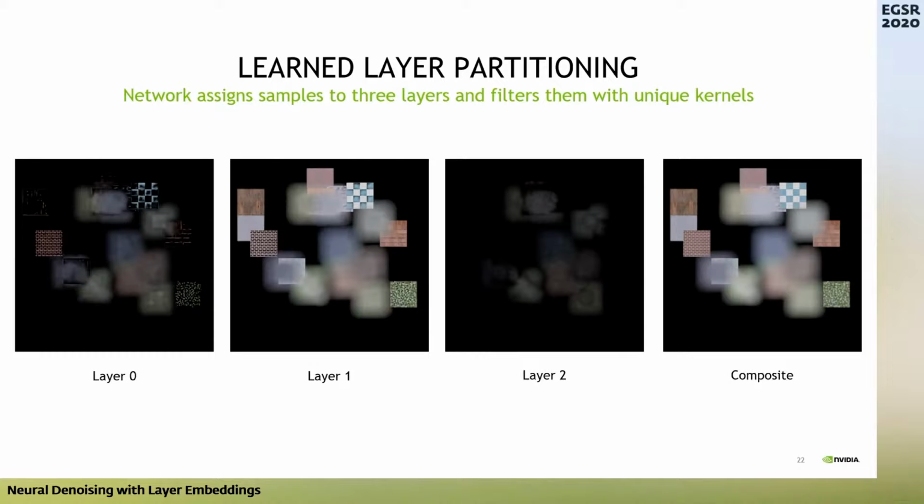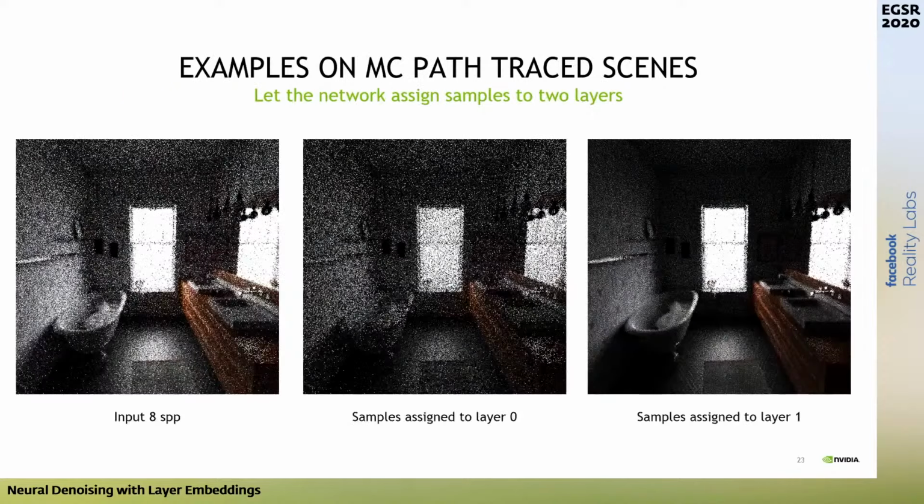This is quite interesting. Instead of doing the obvious thing of strict depth partitioning, the network has chosen to do something like a depth partitioning, but also separate texture details in the different layers. To the right, I show the composited results, and this is very close to the reference.